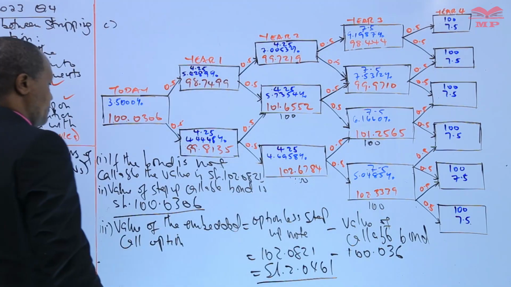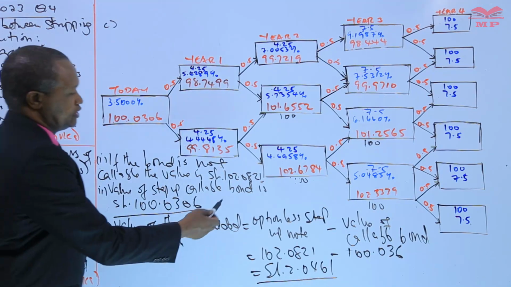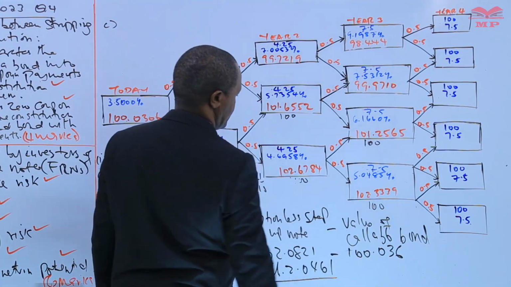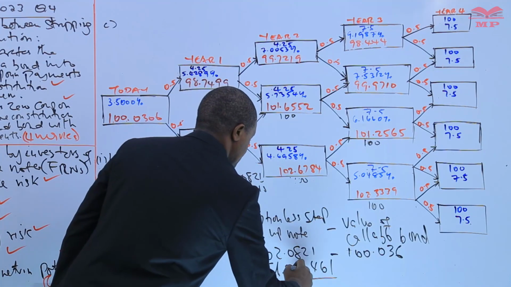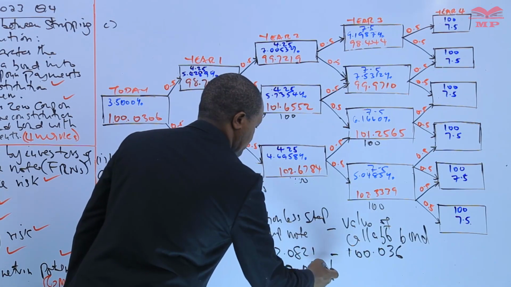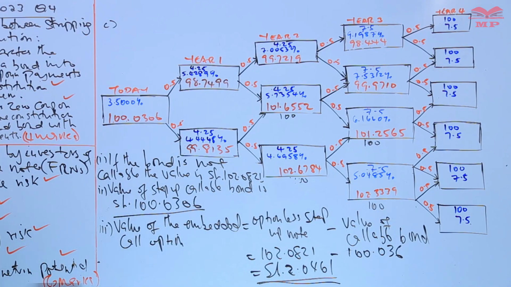That is the value of the embedded call option is equal to the optionless step-up note minus the value of the callable bond.